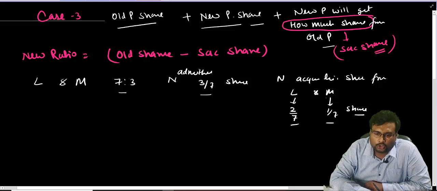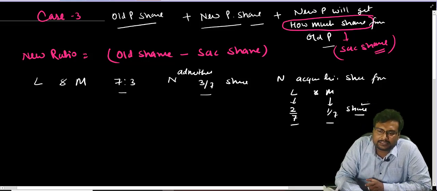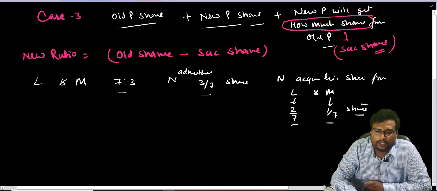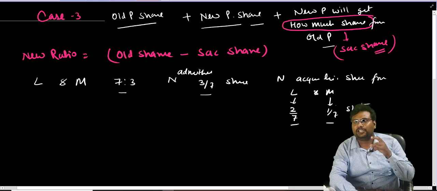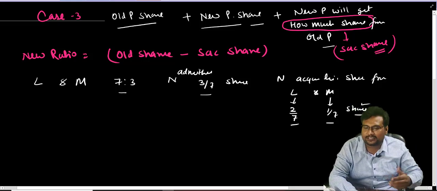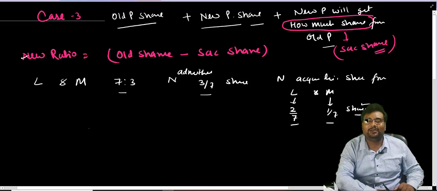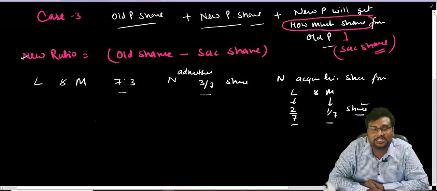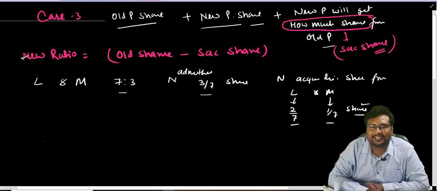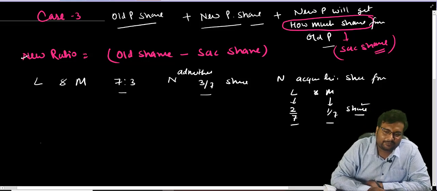So in this particular question you can see that share is given, ratio is not given. So when share is given and ratio is not given, it is case number 3. And for solving case number 3, the simple formula is there: new ratio is equal to old share minus sacrificing share. So just proceed for the same.